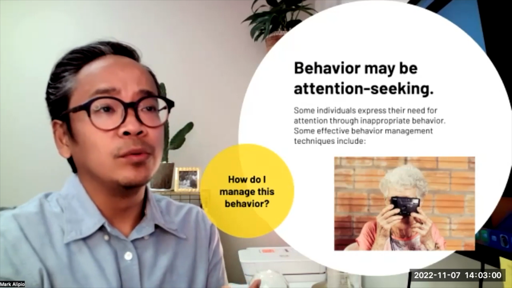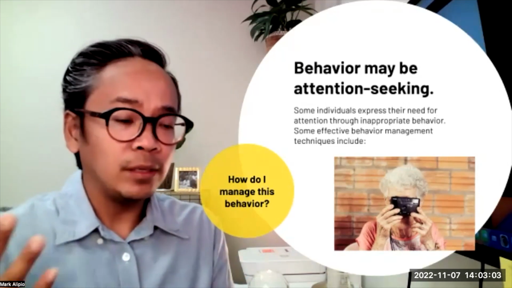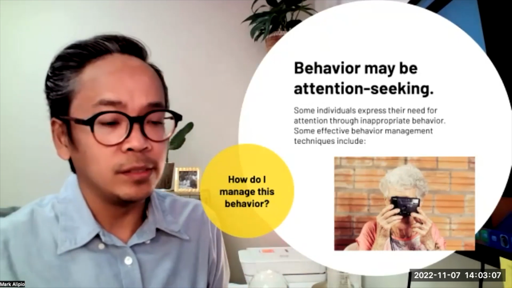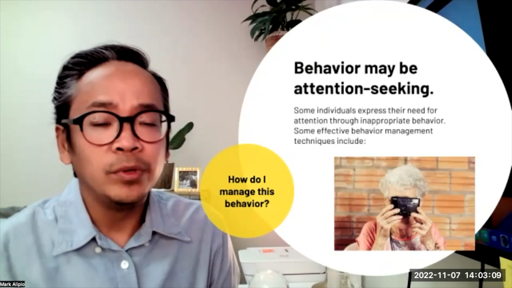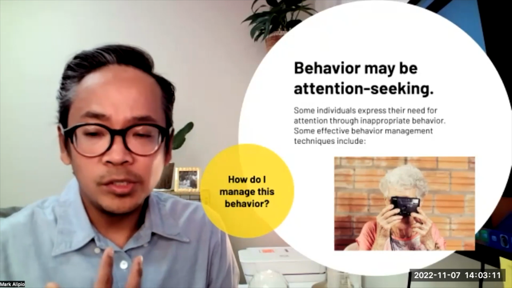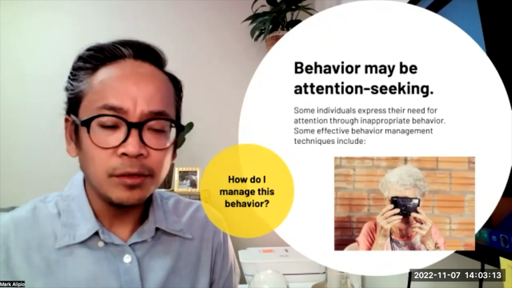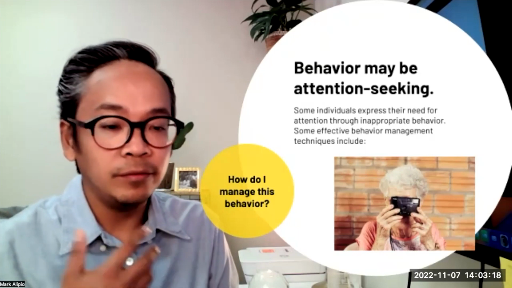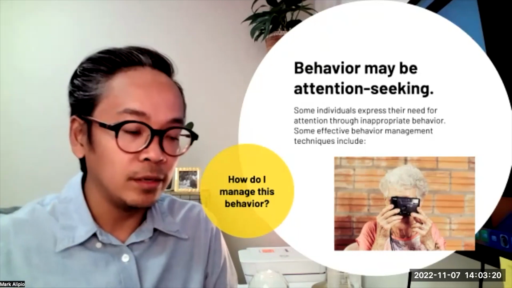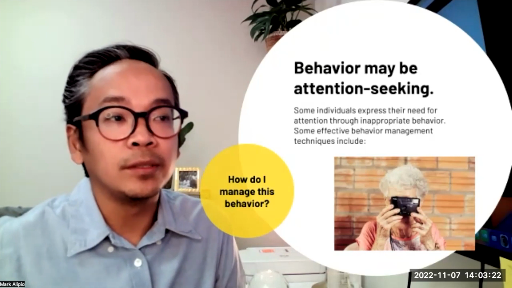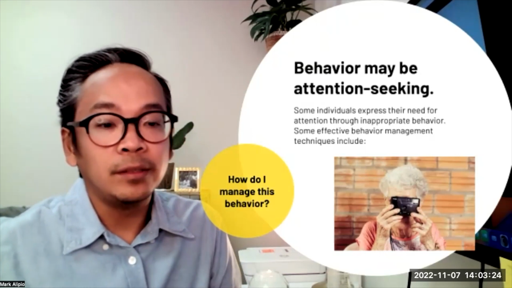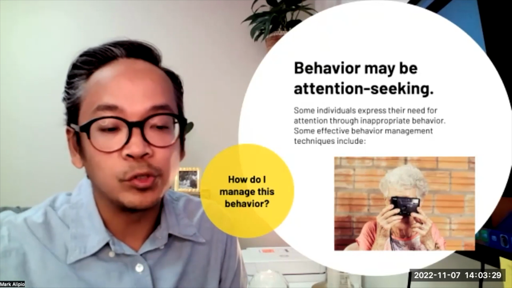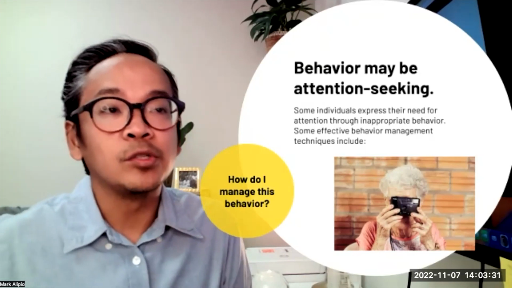In terms of what we recommend, or the common standard practice, we definitely want to acknowledge the individual's attempt to communicate. So at any time that an individual communicates, even though it's repetitive, our goal is to acknowledge that their communication is successful, and that we're going to attempt to cater to their needs, right?